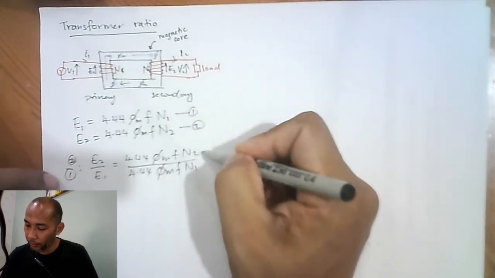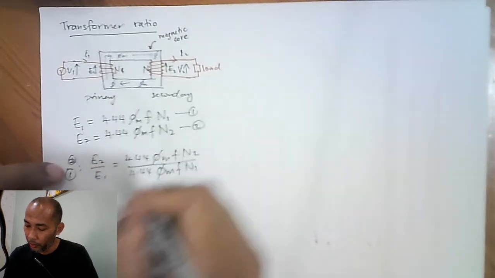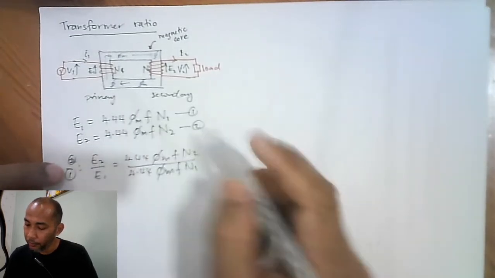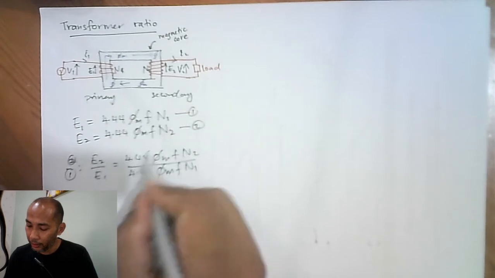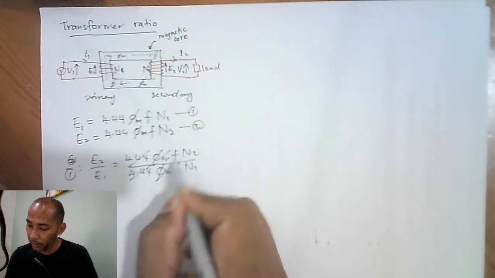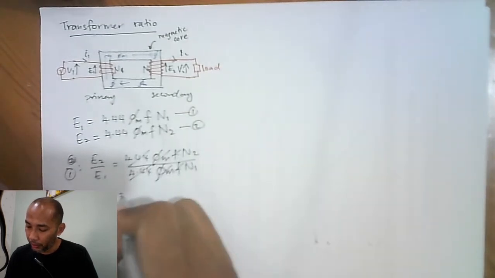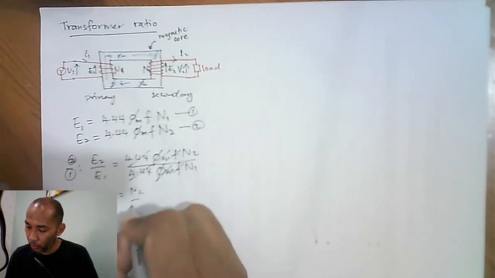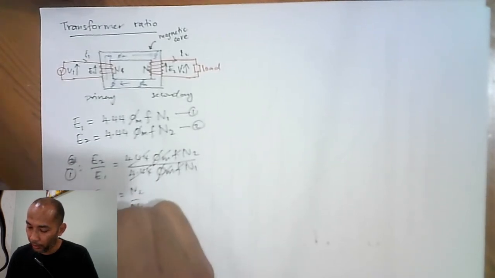This one is for E2, this one for E1. So we can cancel the common terms, and we get N2 over N1.